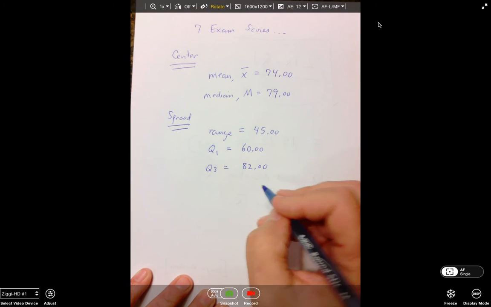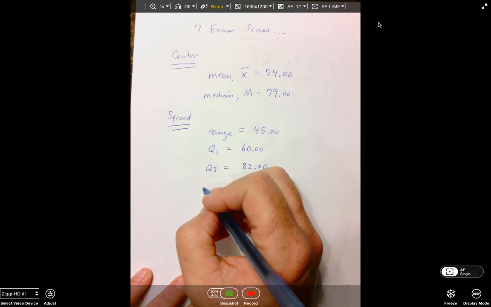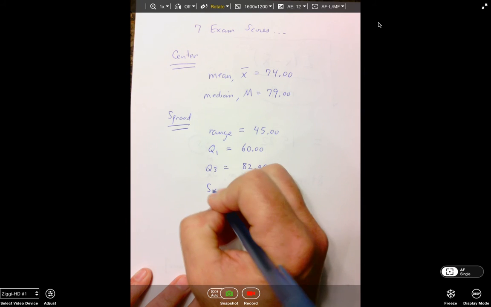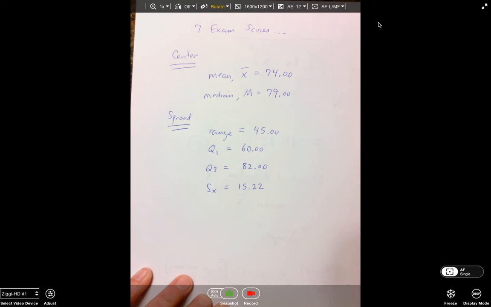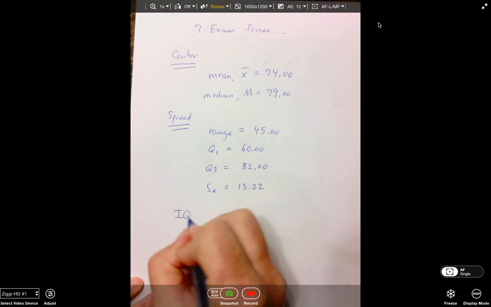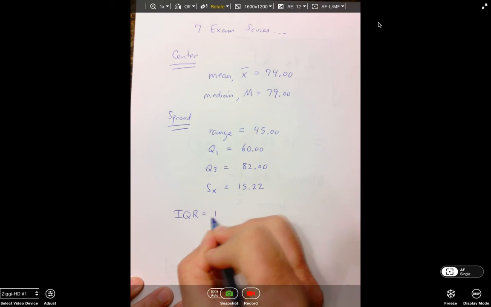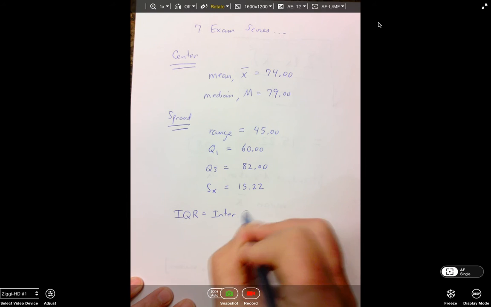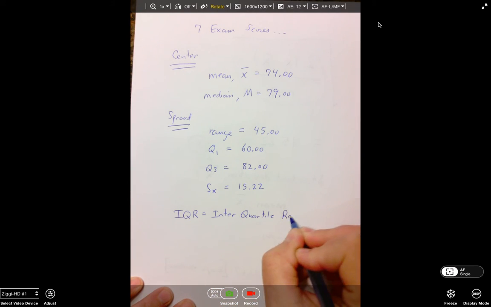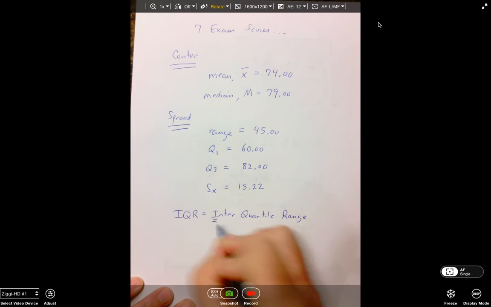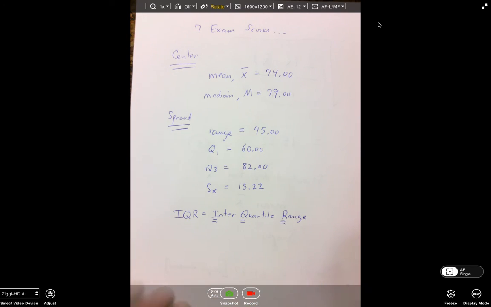We saw that our standard deviation was 15.22. Now, one additional thing I want to show you here, we have something called an IQR. An IQR stands for the interquartile range.